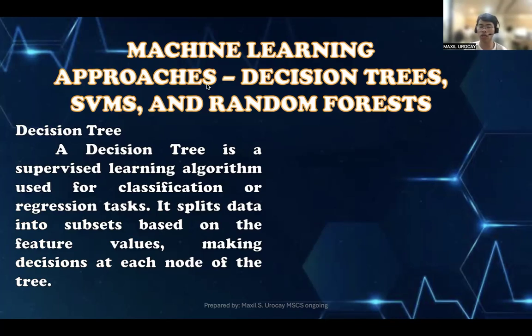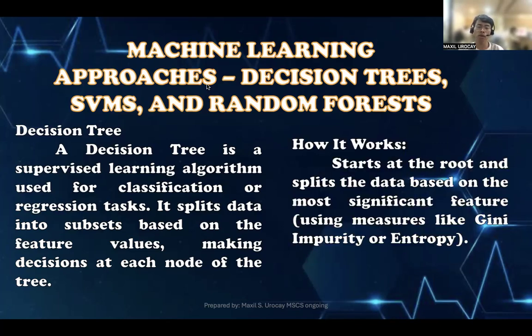We're trying to check the optimal values here in terms of the decision tree, if you were able to study that in your operations research course. How it works: we start at the root node and split the data based on the most significant features, using measures like Gini impurity or entropy. Gini impurity and entropy are used in decision trees to quantify the impurity or randomness of the node, helping us determine the best split.